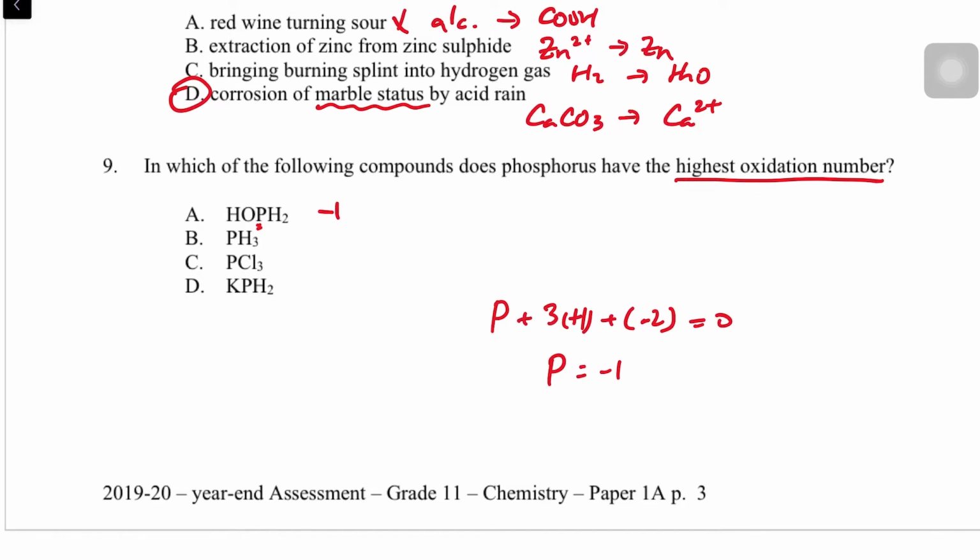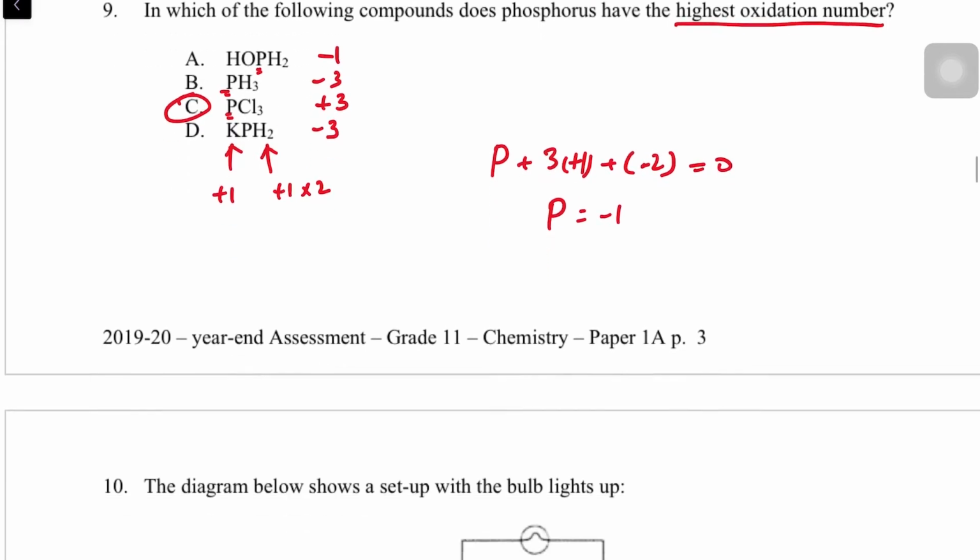The second one, easy, is -3. The third one again easy, is +3. And finally K. This one is +1 times 2. That means this is -3 for P. So the answer for the highest should be C.